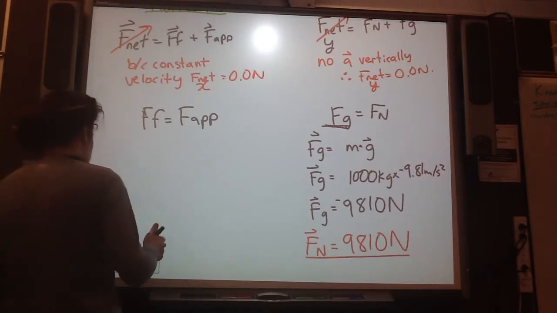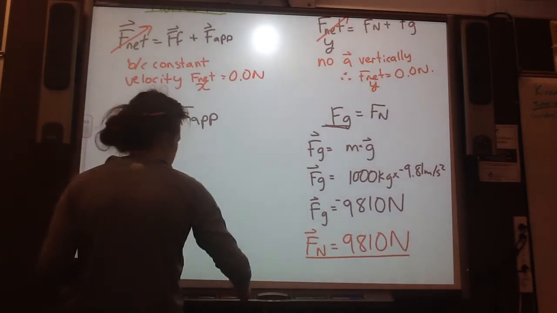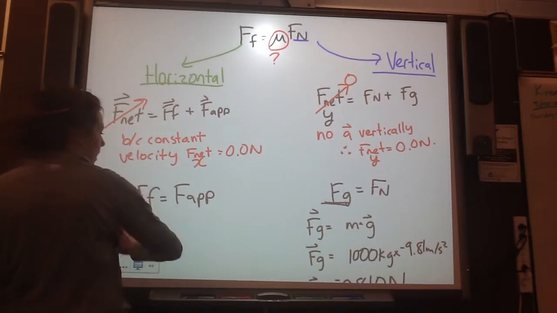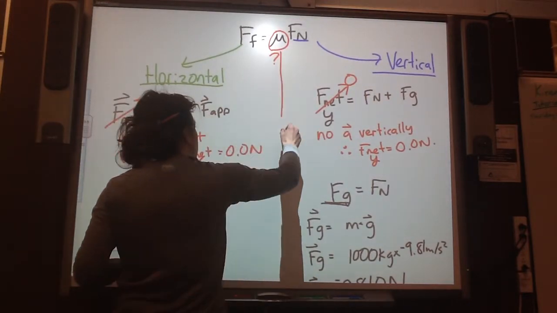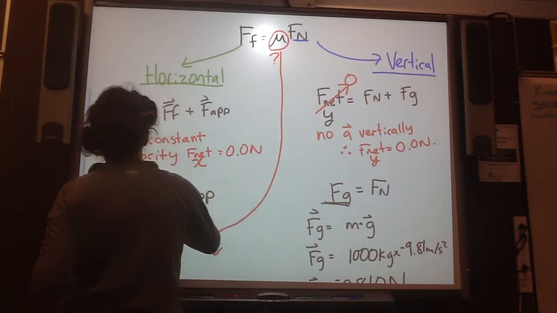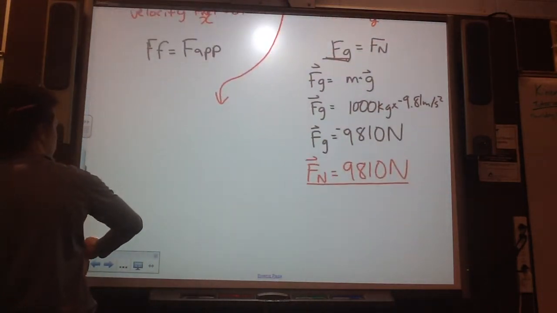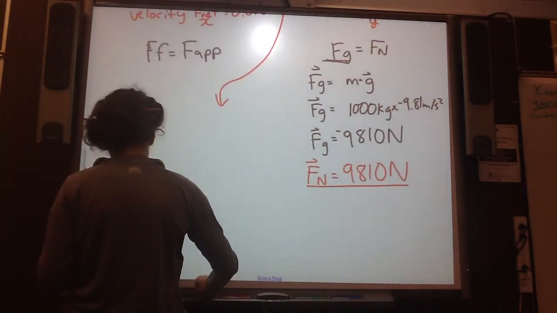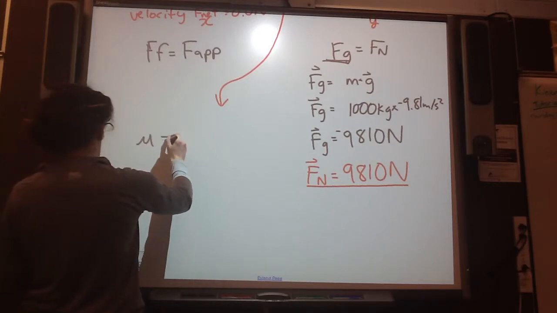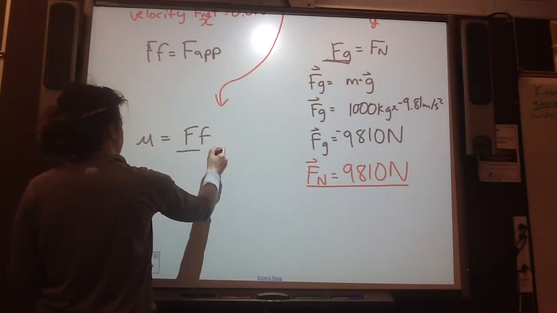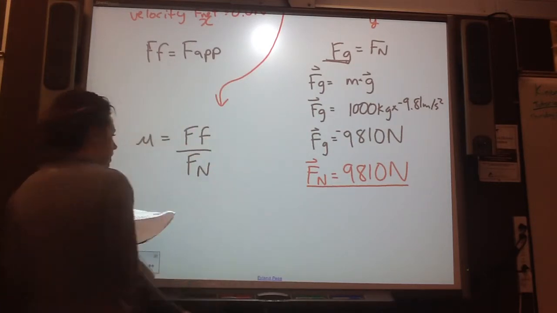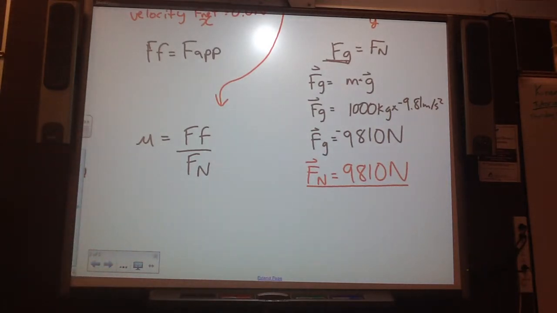Okay, so now we can do our third step. So now we're actually concerned with our mu, and this is what we can find out now. So mu now is equal to FF divided by Fn. Now, you guys could correct me if I'm wrong, we don't need to worry about our negative values for our absolute, right? That's right, okay.